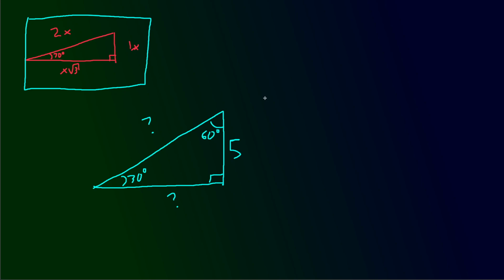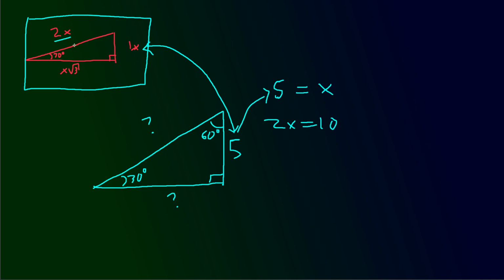Well, we can set up our equation that 5 equals x. And then this side on the top, what's 2x? Well, 2x is 10. So we first set this up by saying that this side matches this spot in that triangle.